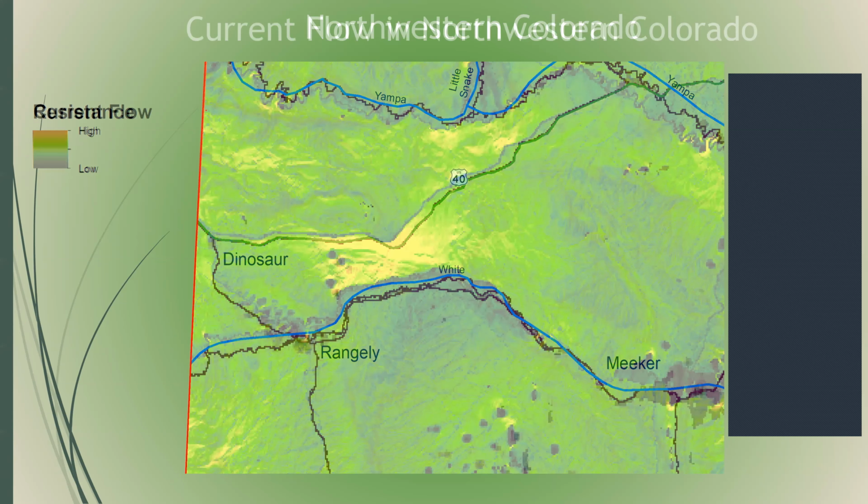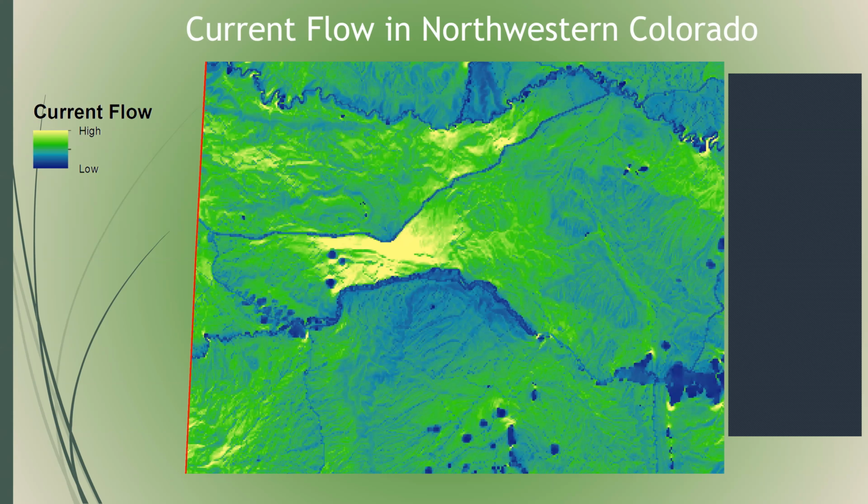And it produces a map that just shows the volume of potential current flow or potential wildlife movement across the landscape. Higher current flow, shown in yellow, indicates that the wildlife are going to move disproportionately through that area because surrounding areas are constricting their movement. And there's a nice example of that, sort of to the center left.